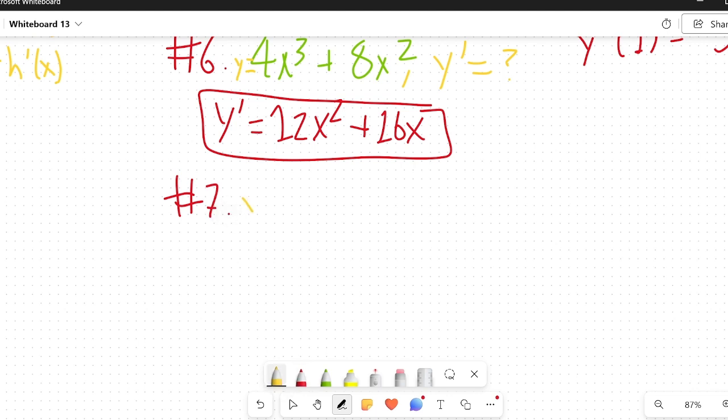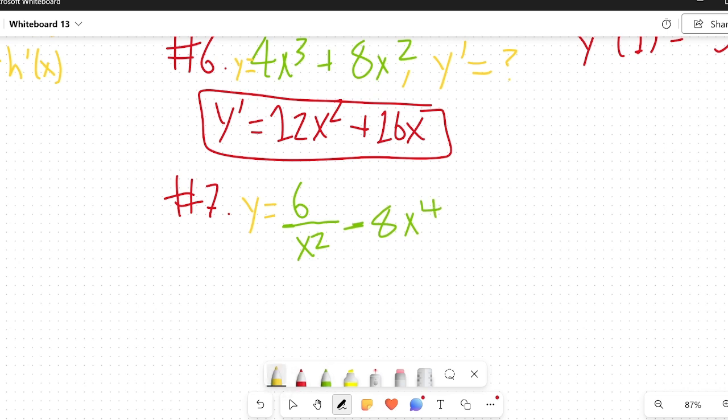So let's say that y is equal to 6 over x squared minus 8x to the 4th, right?